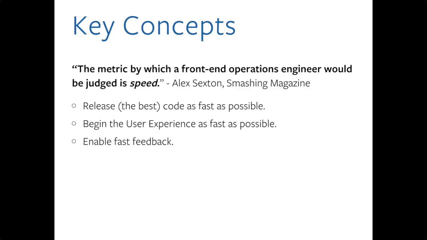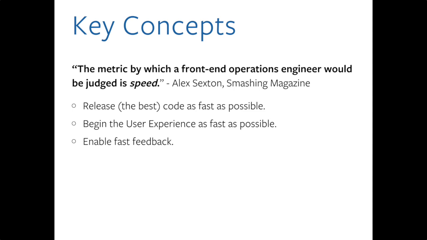Okay, so Alex Sexton wrote an article in 2013 on Smashing Magazine where he hypothesized on this role of a front-end operations engineer, a role which didn't exist then and which to some extent still doesn't exist now. In it, he said that the metric by which a front-end operations engineer will be judged is speed. And he talked about speed in three different ways.